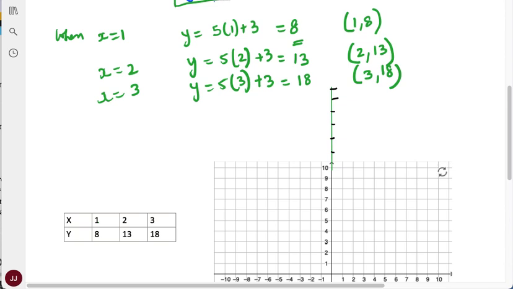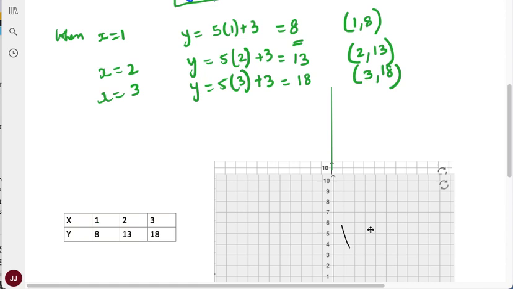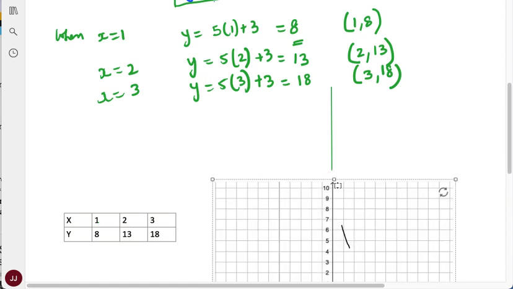So what we can do is we have to move it a little bit down. 11, 12, 13, 14, 15, 16, 17, and we have 18.